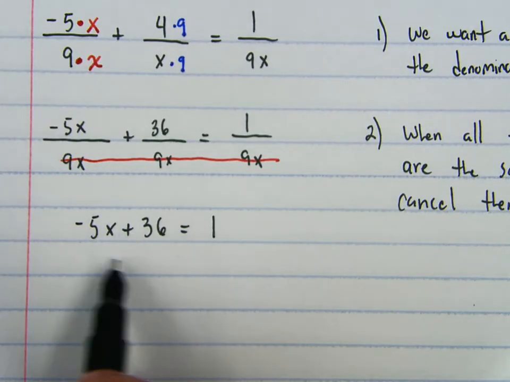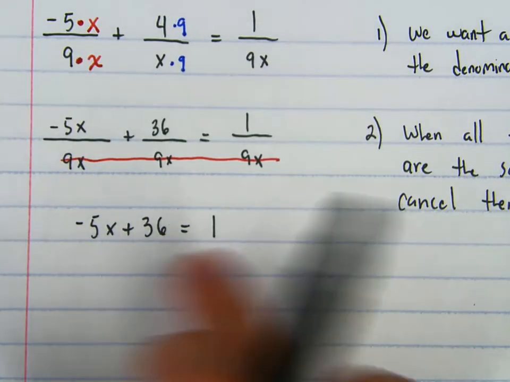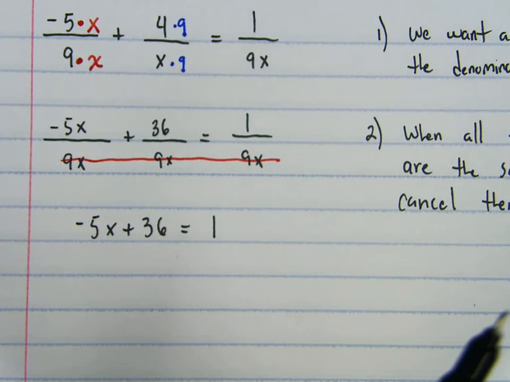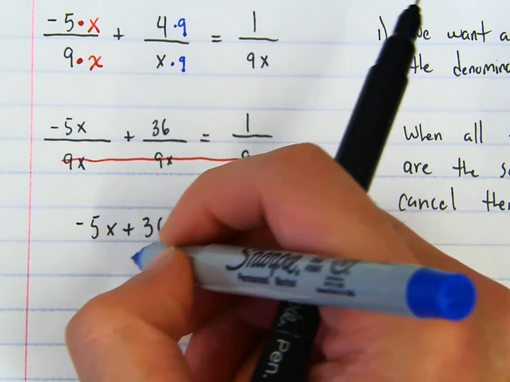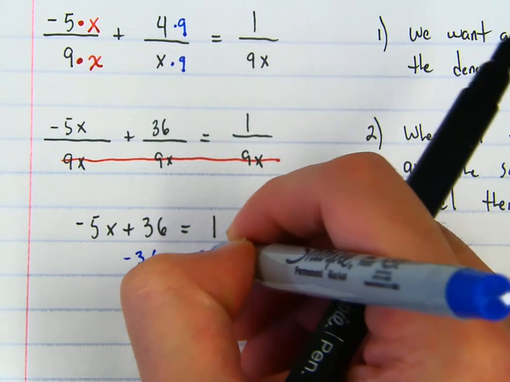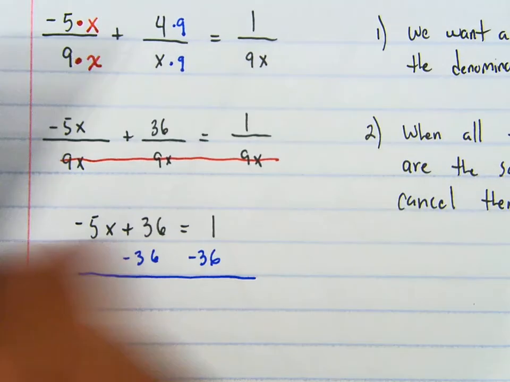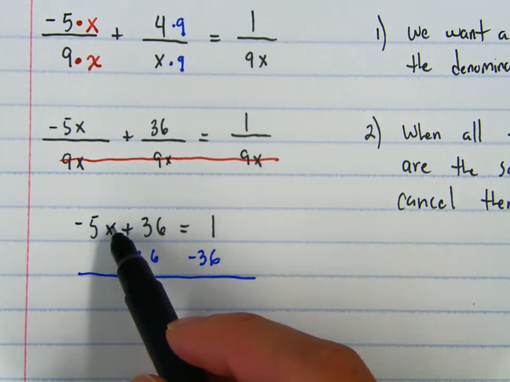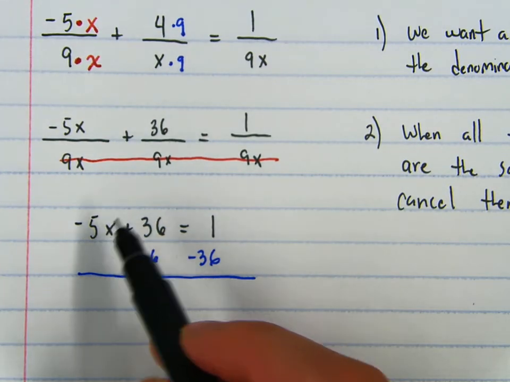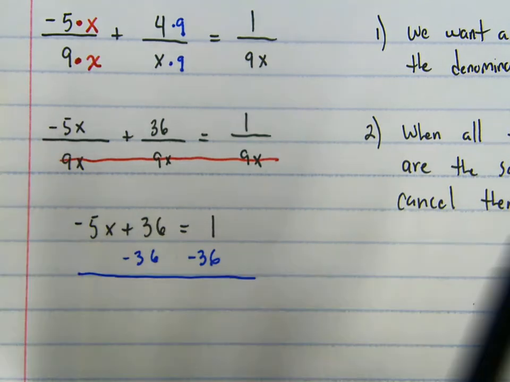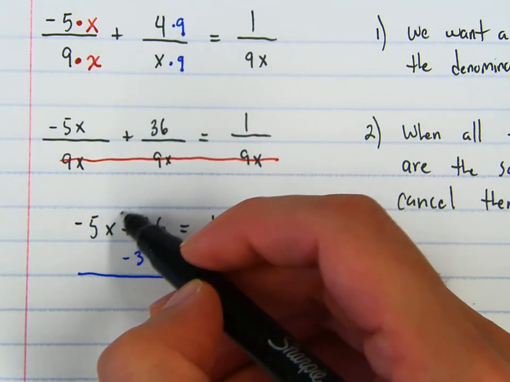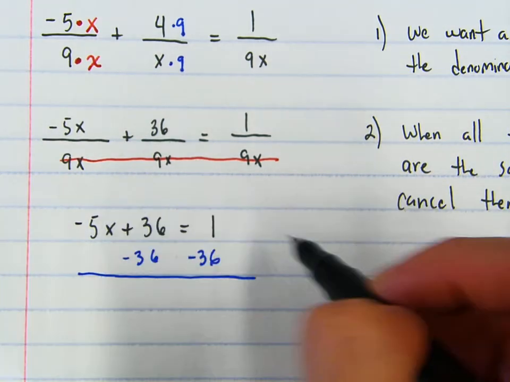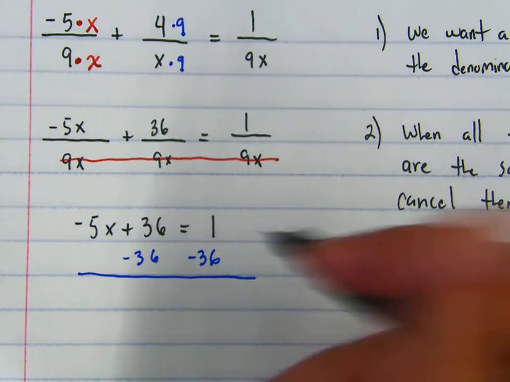Once you have this, you can solve this equation very easily. You just subtract 36, and you're going to get x by itself. Notice that this type of equation isn't quadratic, where the highest exponent is 2, so you don't need to get 0 or anything. You just solve straight.